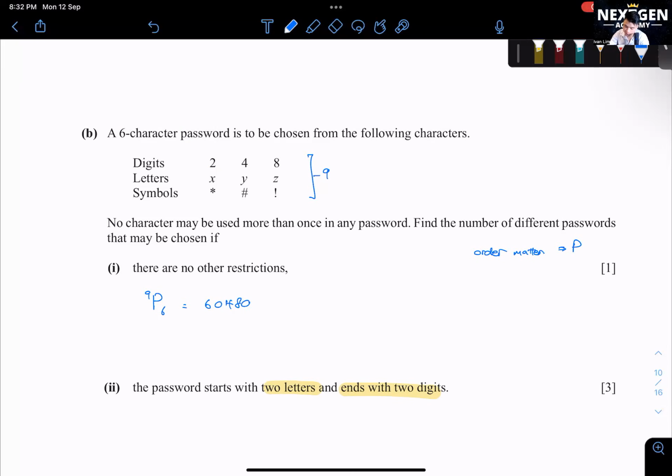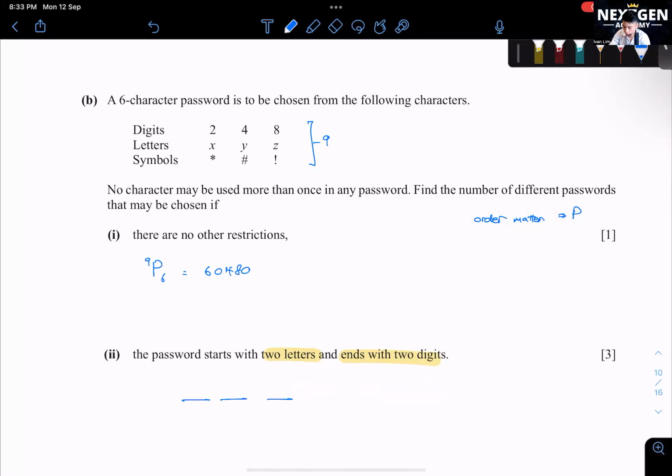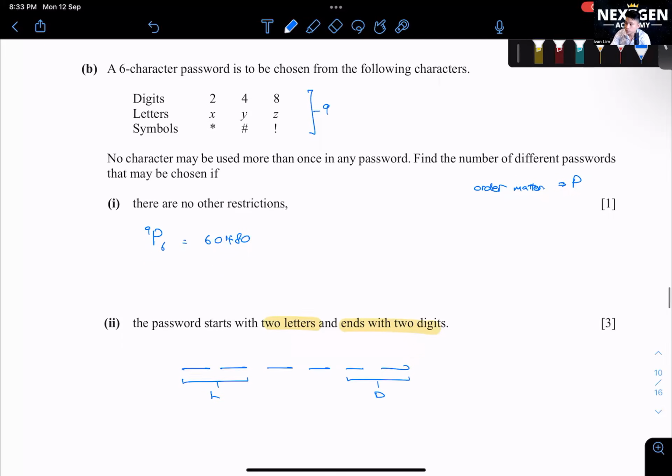So for letters, I have 1, 2, 3, 4, 5, 6. I want to start with 2 letters and end with 2 digits. Then my remainder in the middle can be letters, digits, or symbols. Then how many more options do I have? Very simple.